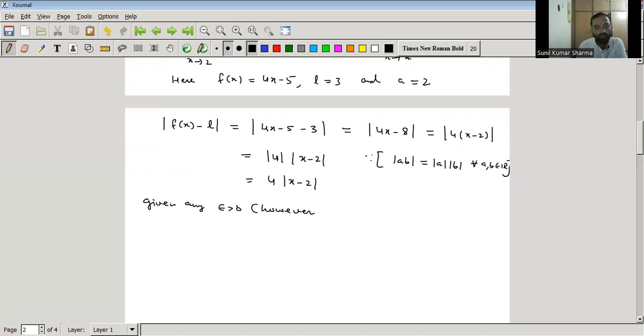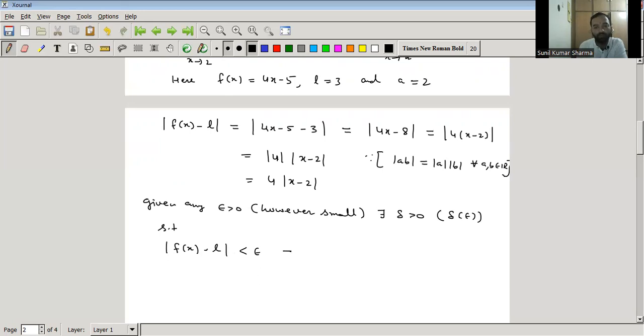So if we take any epsilon greater than 0, however small, there exists a positive real number delta, such that this delta depends upon epsilon. So we have to find this delta, such that mod fx minus L must be less than epsilon.